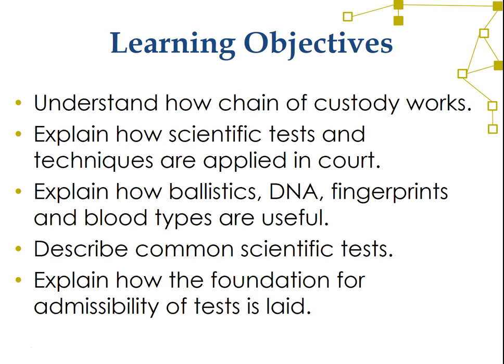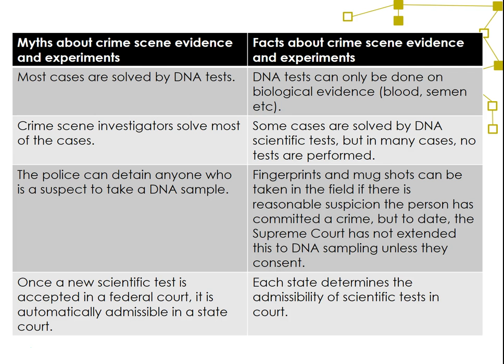Because remember, in order to get things in, whatever it is, you have to have a witness testify about it. So if somebody analyzes blood in, let's say, a murder case, there's a good possibility they may have to go to court and testify about the test that was used, etc.